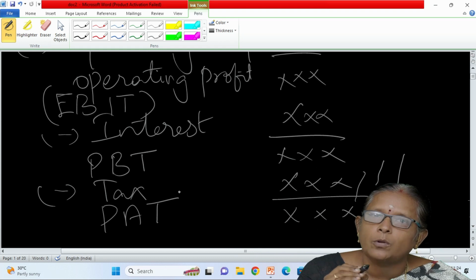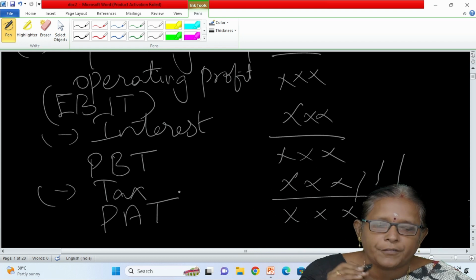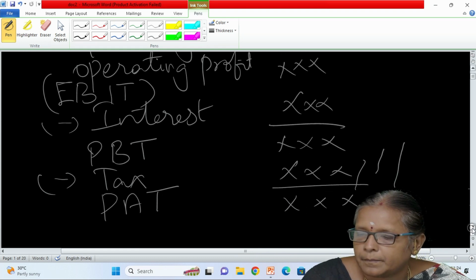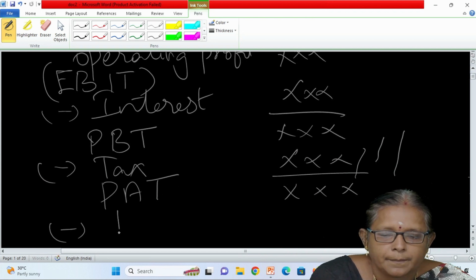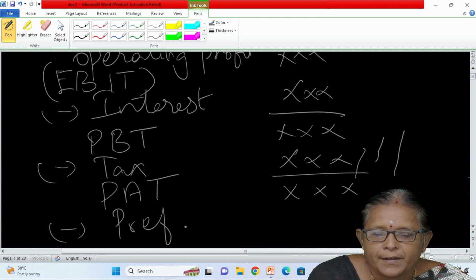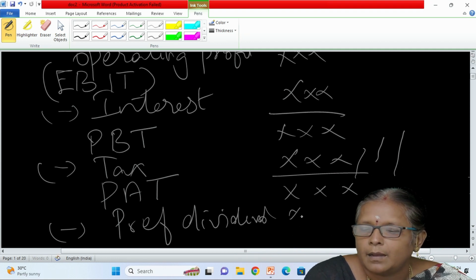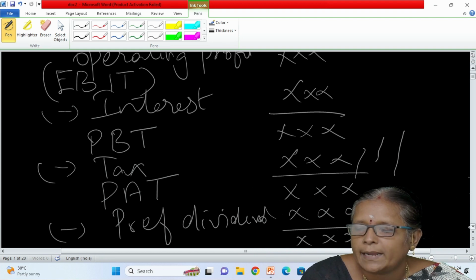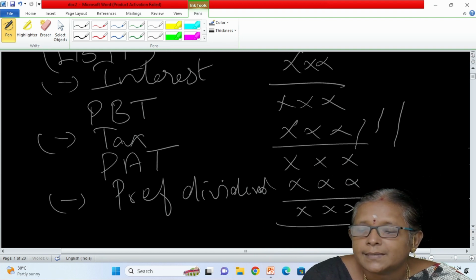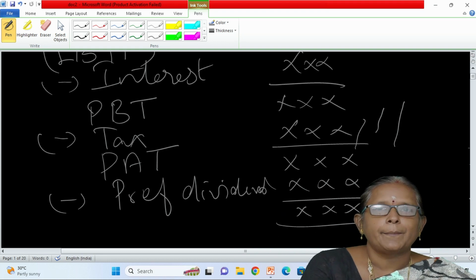So we have to deduct preference dividend from this. Less preference dividend. Now you will get the earnings available to equity shareholders. This is the thing we require.